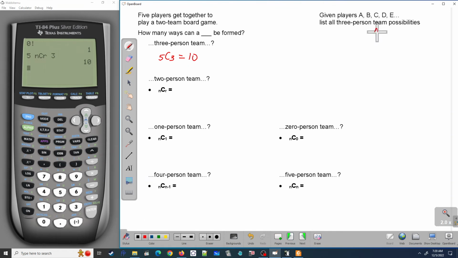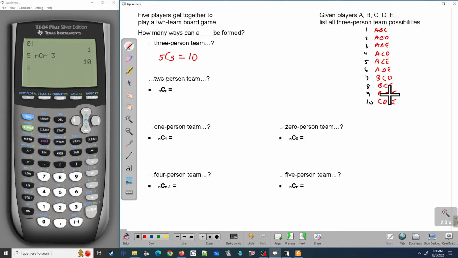I could have A, B, C; A, B, D; A, B, E; A, C, D; A, C, E; A, D, E. Now that involves all my groups that could have been with A. So let's focus on more groups that involve B: B, C, D; B, C, E; or B, D, E. And then finally, there's one last group, C, D, E. So there was literally 1, 2, 3, 4, 5, 6, 7, 8, 9, 10 possibilities.